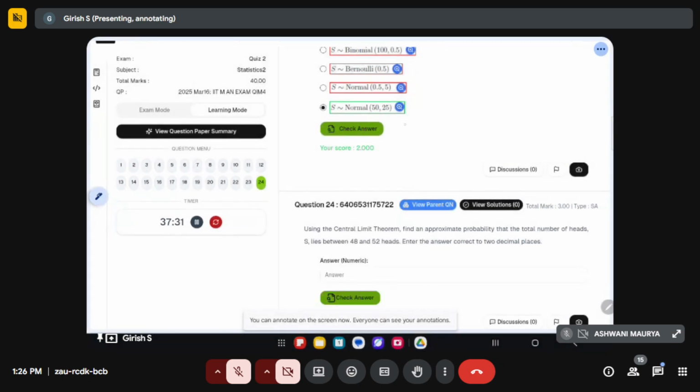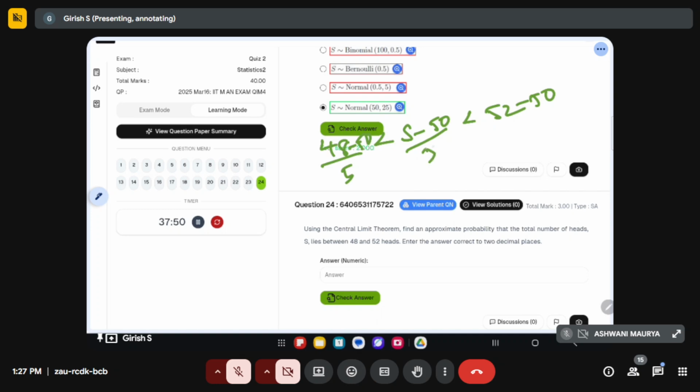So it will be S minus, okay, so 48 less than S less than 52. So just subtract the mu and then just divide it by sigma, and this is going to be S, and this is going to be, what is it?